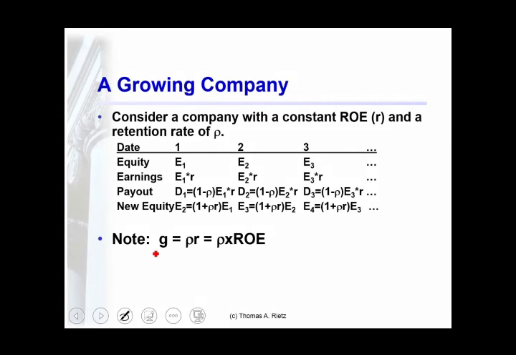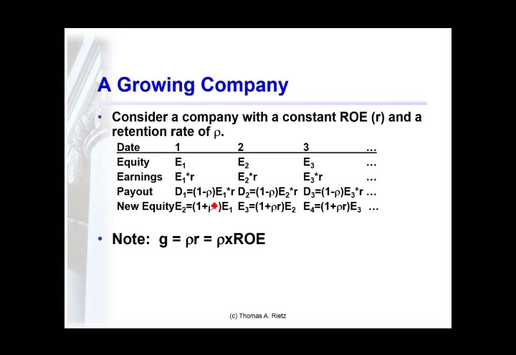The interpretation for a company is that at some point in time, a company has some equity, E. Over a period, they get some return on equity, R. If they only pay out a fraction of it and keep the rest in the company, what's called the retention ratio or retention rate, rho, then next period's earnings will equal last period's earnings plus the return times the equity times the amount you keep.